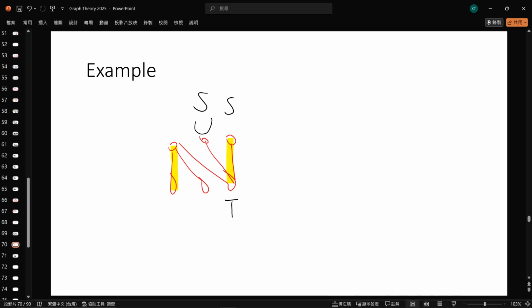So this is in S. Then in the second round, we consider this vertex and want to go down. But in this case, we cannot go down because all the edges incident to this vertex are in the matching. So we don't need to do the second round, and the algorithm just stops because there are no other vertices in S. So we have 2 vertices in S and 1 in T.